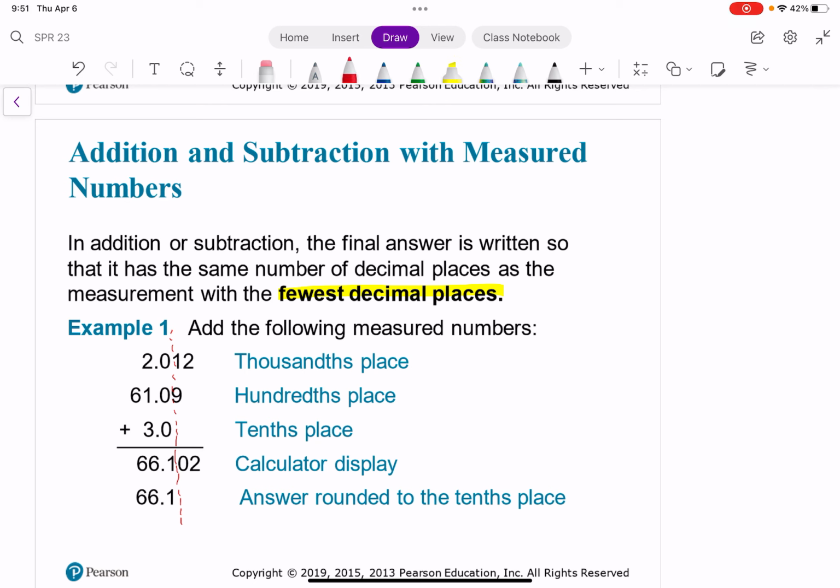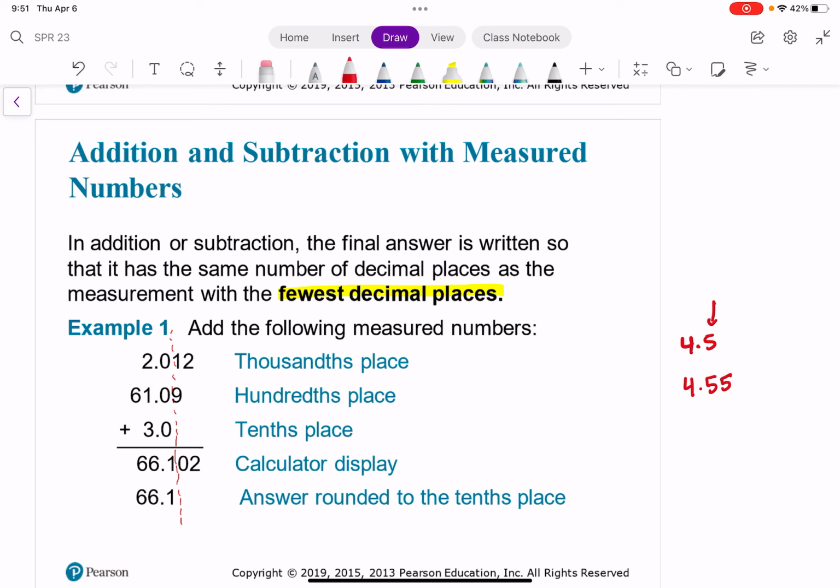The reason for that is that numbers with fewer decimal places are actually less accurate. I want you to think about the ruler example from one of the previous videos. Remember when I was measuring the block of wood with the ruler, I measured between 4 and 5, and I got like 4.5. This was my estimated number. Then I had another example where we got to 4.55.